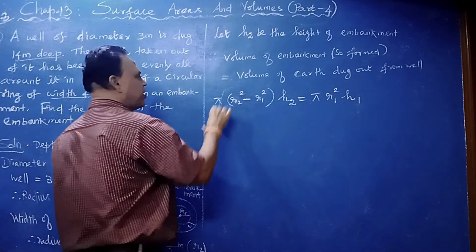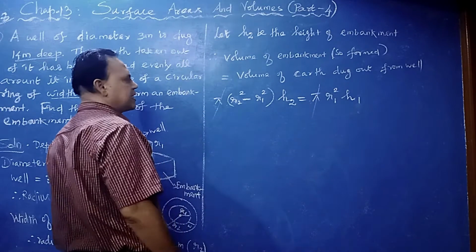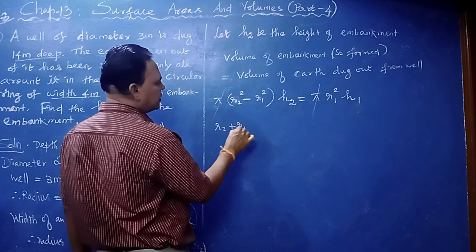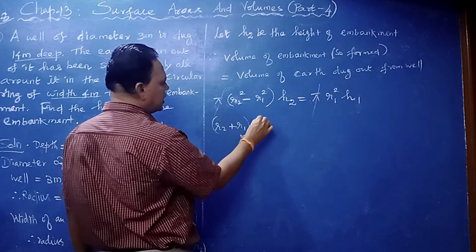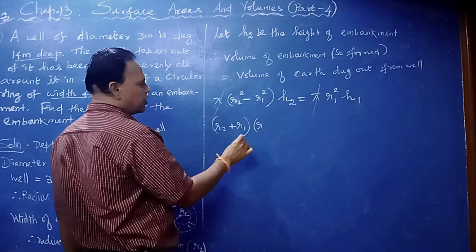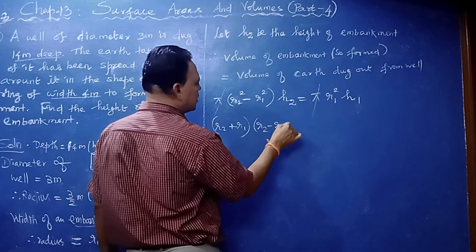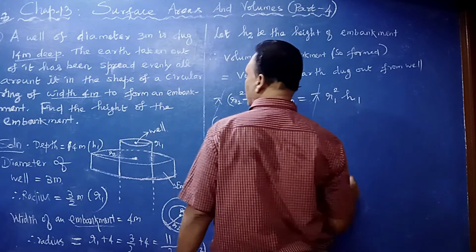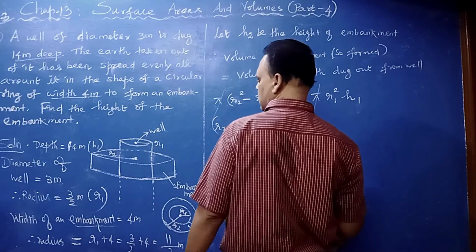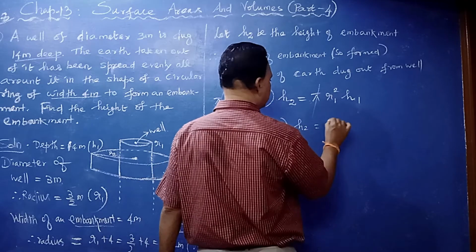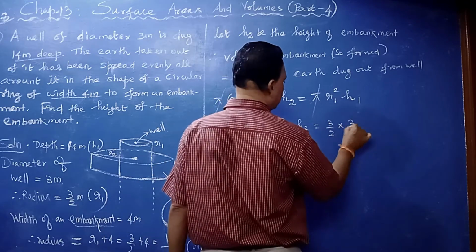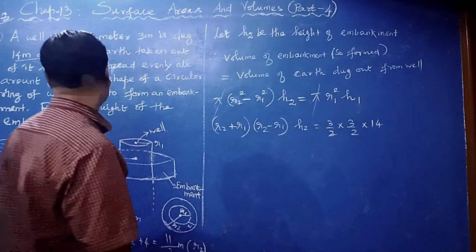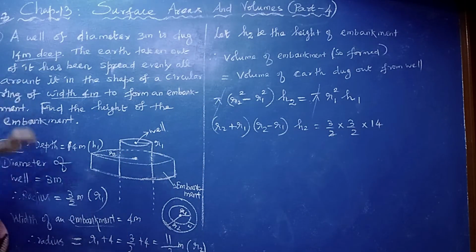Now on both sides pi gets cancelled. So this is nothing but the A squared minus B squared formula: R2 plus R1 into R2 minus R1. That is better. So on this side, R1 is 3 by 2, so 3 by 2 into 3 by 2, and H1 is 14, depth given.